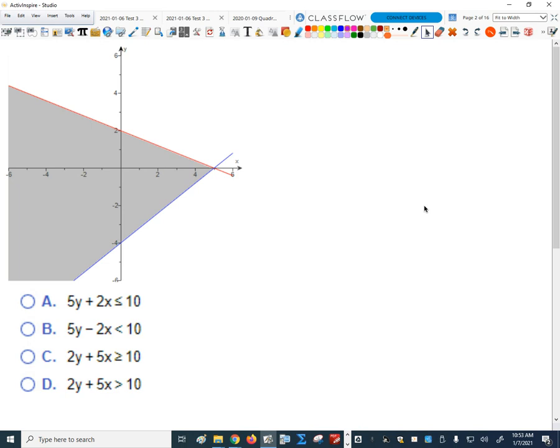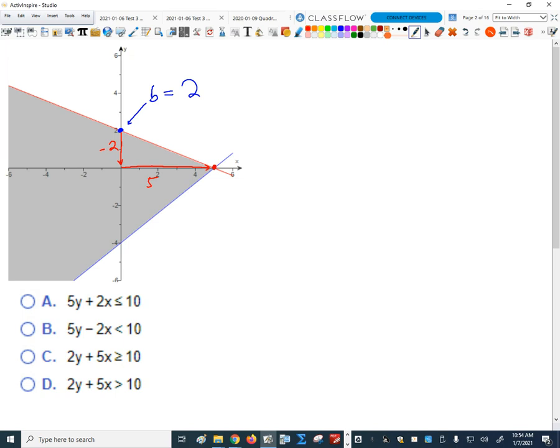How about the red one, the one that has a negative slope? We'll take that one as an example. So for the red one, by just inspecting the boundary line, would you agree that I can see here that my y-intercept is 2, and if I create a slope triangle here, I'm rising by -2 and running by +5 in getting from this point down to the next point, right?